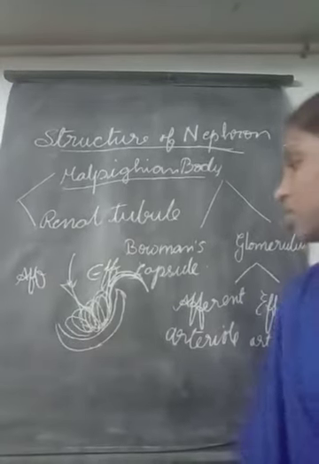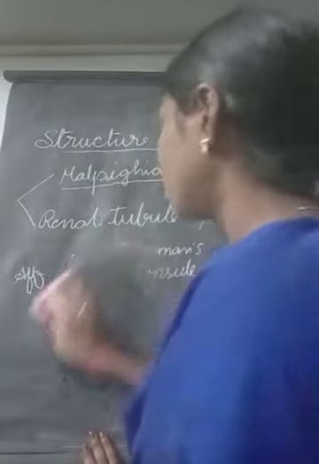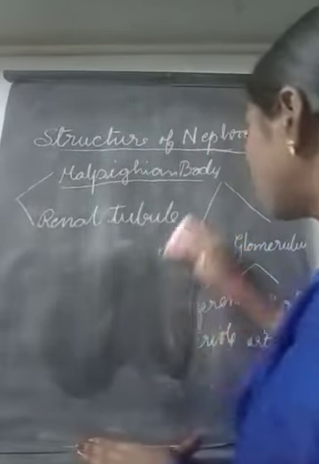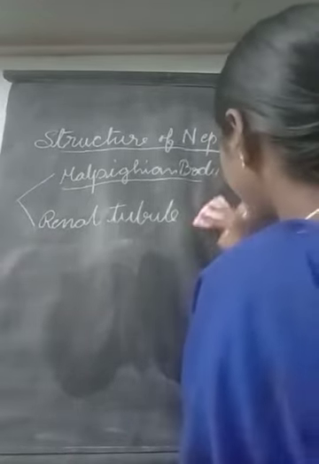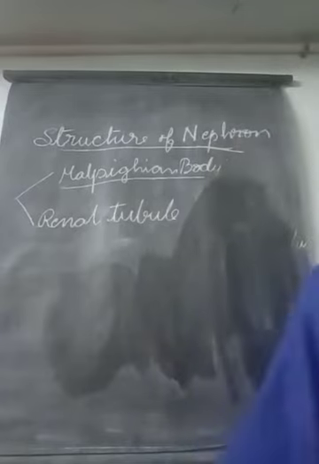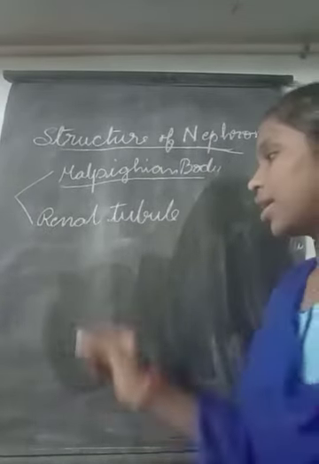Yes, teacher. This is the recap of your teaching part. So, today we are going to learn about the renal tubule. The next part of the nephron is the renal tubule.